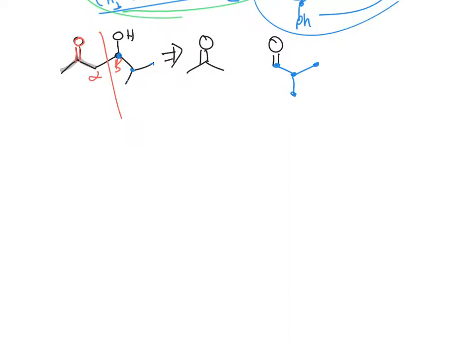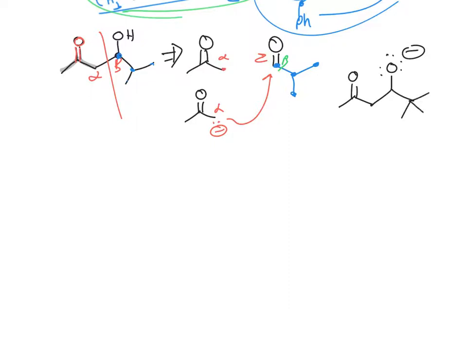Now, where is your alpha? This is going to be your alpha. The alpha is here, so that's going to be your enolate. So when you're drawing your mechanism, just make that your enolate. And then it's going to attack your carbonyl, which is going to be your beta. And then you can draw that mechanism. Those electrons go up, and then you get, so there's your alpha, and there's your beta. Protonation. Okay, the other one.